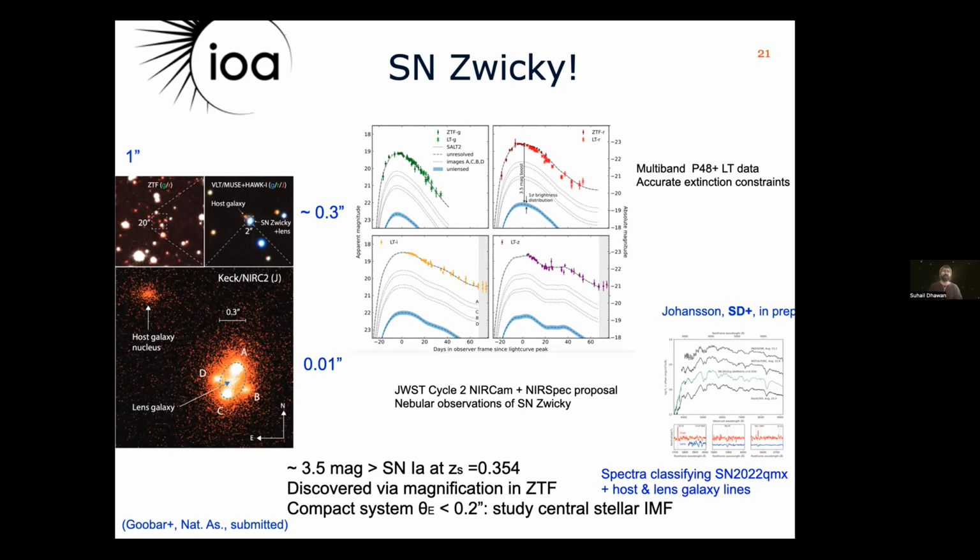But we can learn a lot about the supernova from the spectroscopy, as well as model the lens galaxy and get a lot of interesting information about the lensing system itself. What was really interesting is that this was an extremely compact system with an Einstein radius that is below 0.2 arcseconds. So we can study the central stellar IMF with such systems.